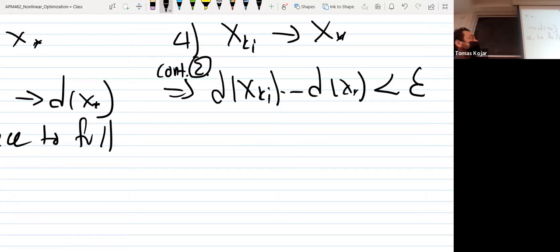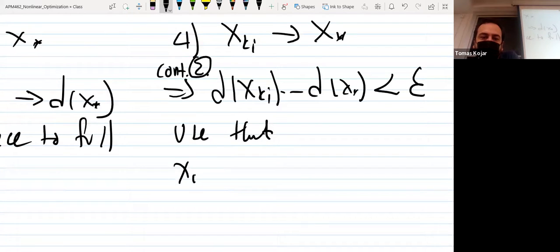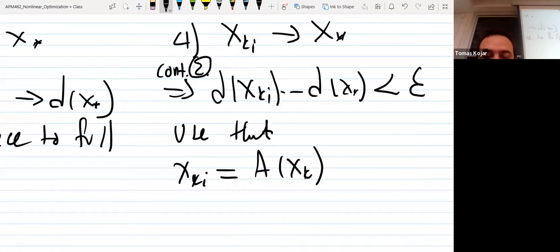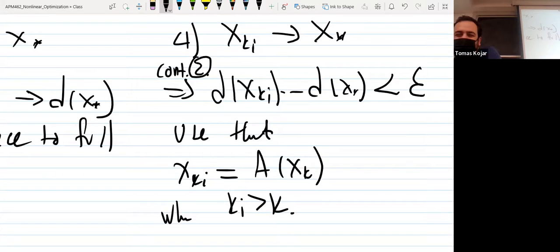Now, use that x_{k_i} can be written as a to a power of x_k, when k_i is bigger than k, so the power is k_i minus k.